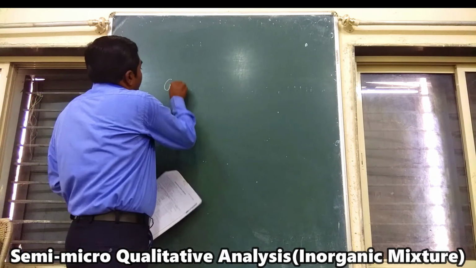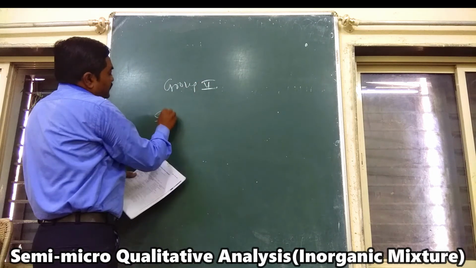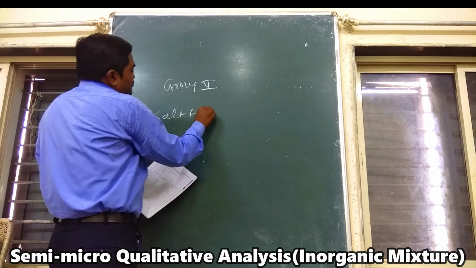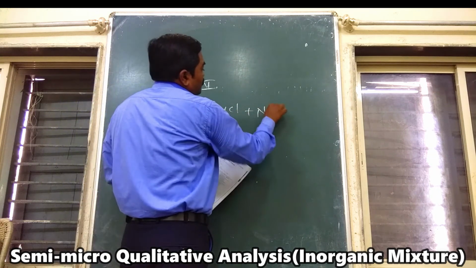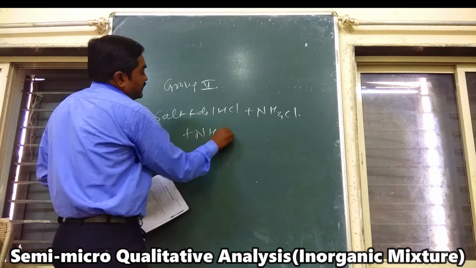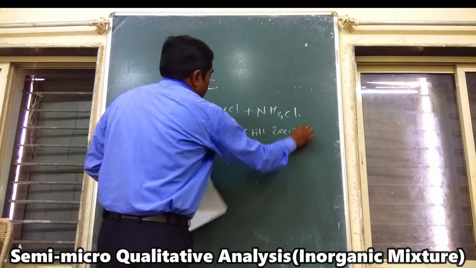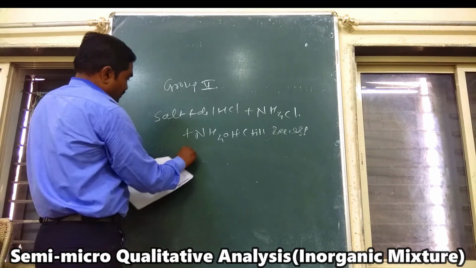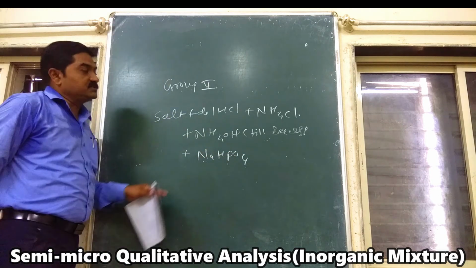Okay, then group fifth: salt plus dilute HCl plus ammonium chloride plus ammonium hydroxide till excess plus addition of Na2HPO4, sodium hydrogen phosphate.